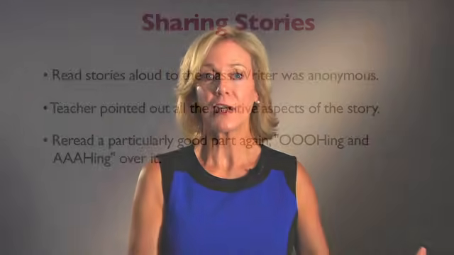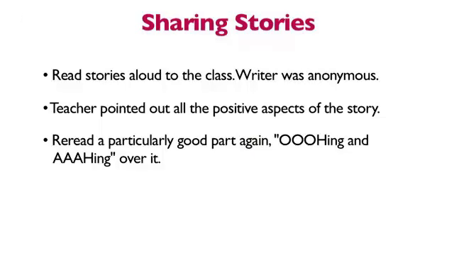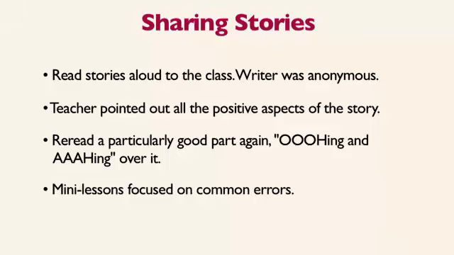It was tall, dark, scary. And then as she was reading the story, she was taking little notes on common errors. It could be subject-verb agreement. It could be mechanics. It could be any aspect of writing. And then she would use those comments that she had jotted down, the common errors that students had made, and that would be the focus of a mini lesson.